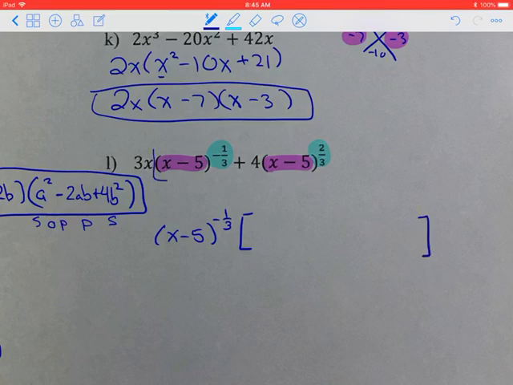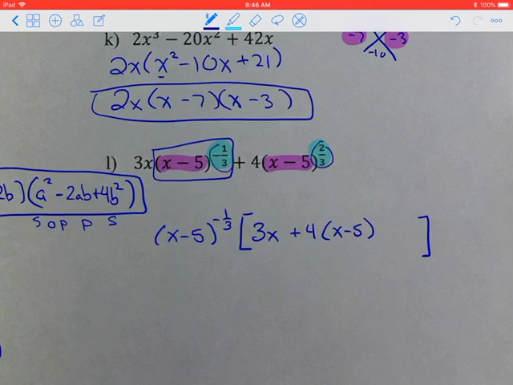All right, so I'm taking all of this out of the first one, so that's going to leave me 3x. Now here I'm still left with the 4. And remember what I do to figure out this exponent is I'm going to do this exponent minus this one. So this will be 2/3 minus negative 1/3.